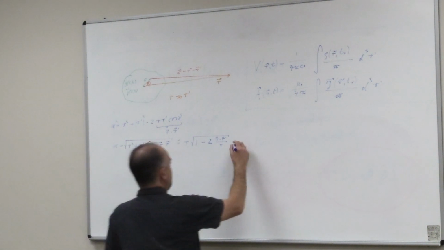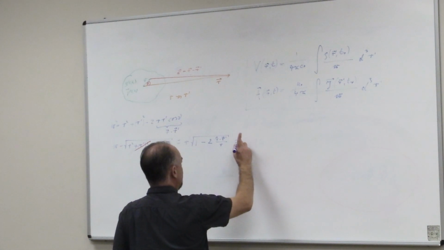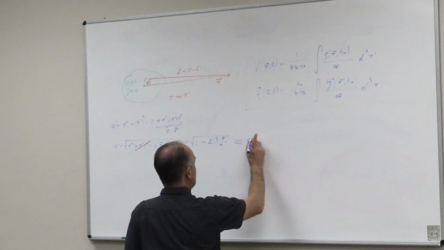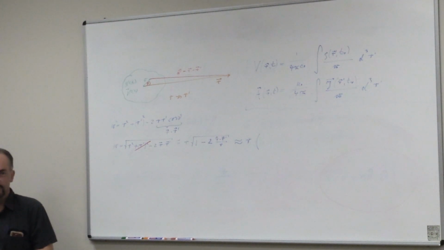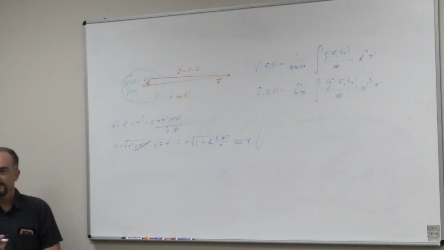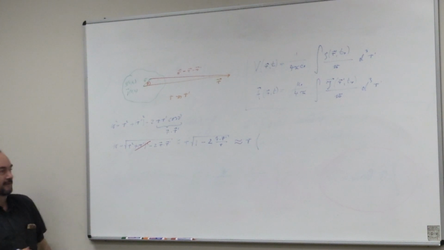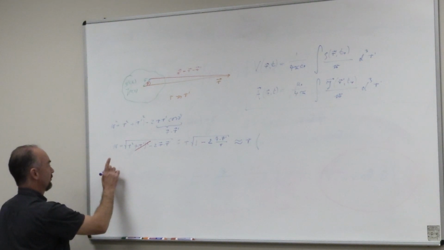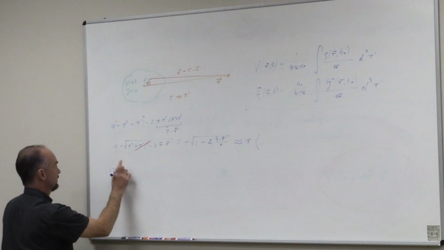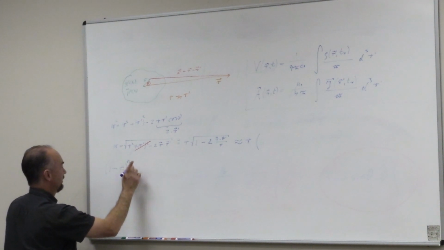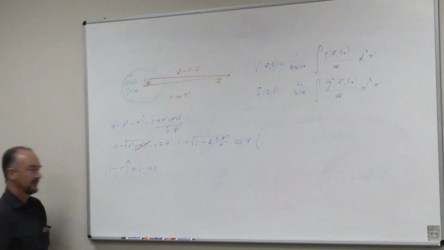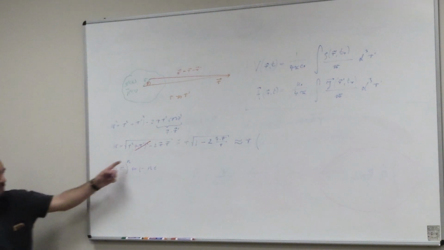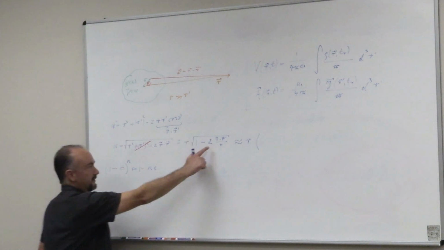Okay, what is the first order approximation here? First order Taylor expansion: it's r times the square root of 1 minus something small. For 1 minus epsilon to the power n, the first order is 1 minus n epsilon. n is 1/2, so it's just half of this.